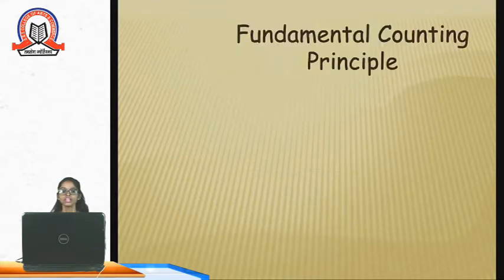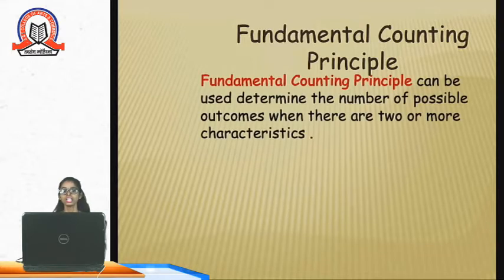First we see what the fundamental counting principle is and what it states. The fundamental counting principle can be used to determine the number of possible outcomes when there are two or more characteristics.